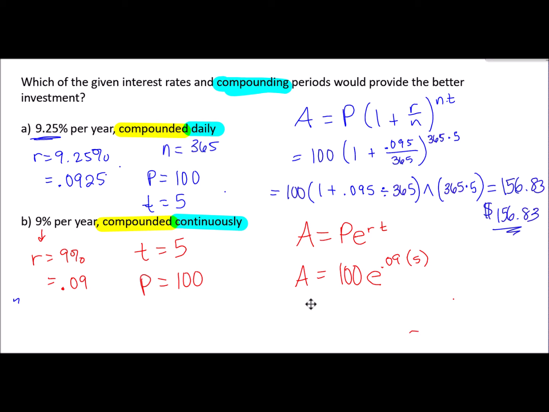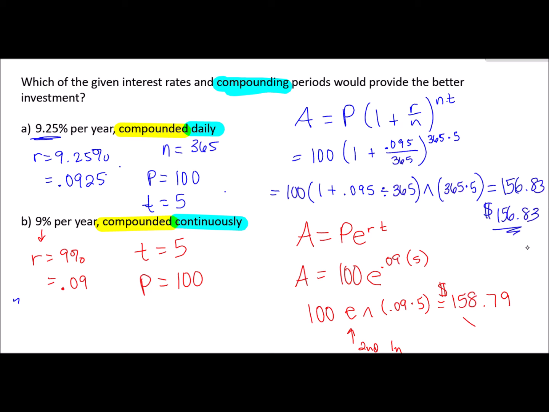Again, in the calculator, 100, type the E, that's the second button, and then the LN button. And then the caret to show it's in the power, parentheses, 0.09 multiplied by 5, enter, which is about 158.79. So it looks like continuously would pay out more money, but it's not a lot of money, right?